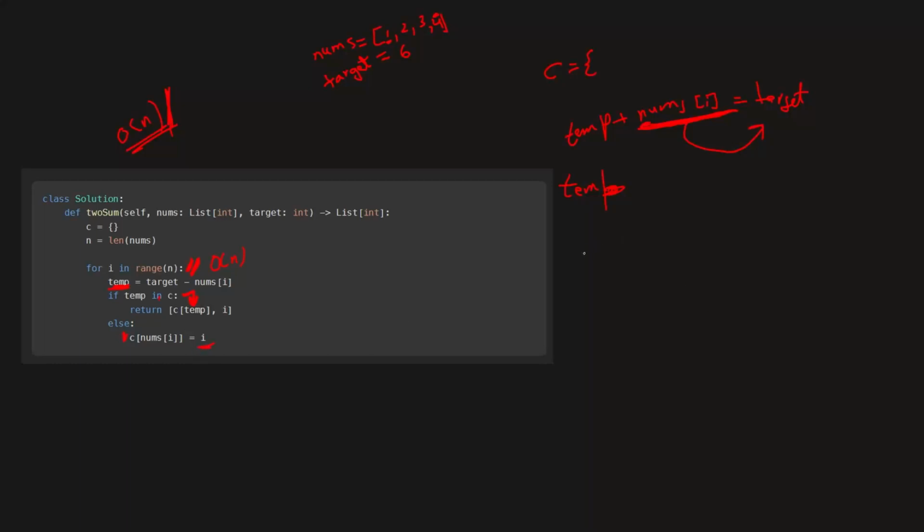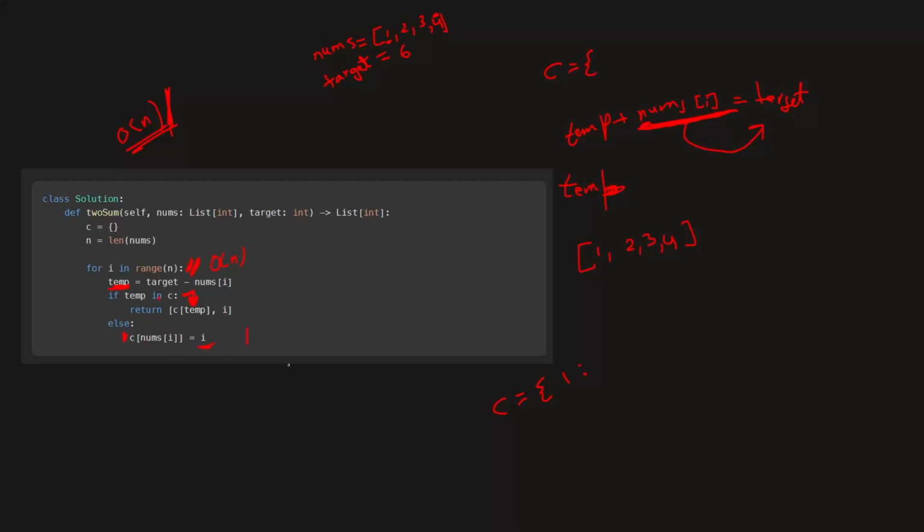Let's try to dry run it and you will get a better understanding of what's going on. First we are at 1, and since temp is not in C because nothing is in C, we'll go to the else part and add 1 into our dictionary.